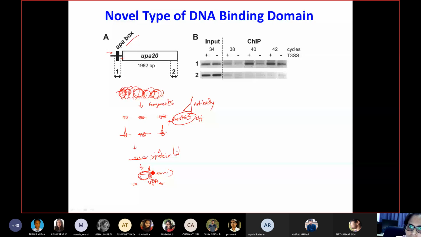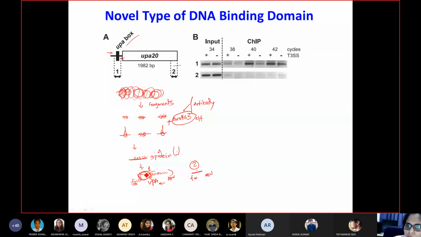This is an unassociated fragment, which also comes down after this, and we create a forward and reverse primer for it as well. So now you want to amplify this a number of times and see whether these regions are present or not.